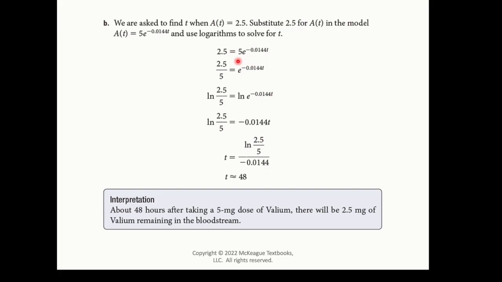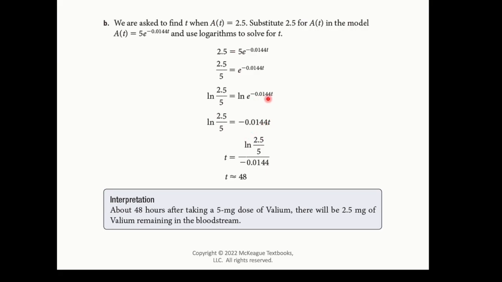All right, now that we have the exponential isolated, we can take the natural log of both sides. On the left side, we have the natural log of 2.5 divided by 5. And on the right side, we're going to have just the exponent.